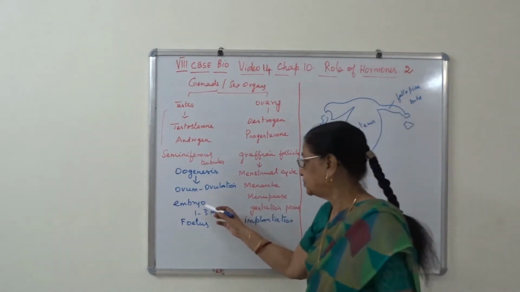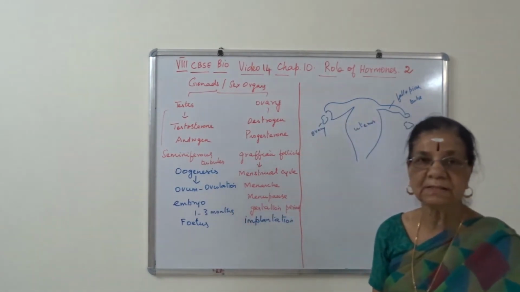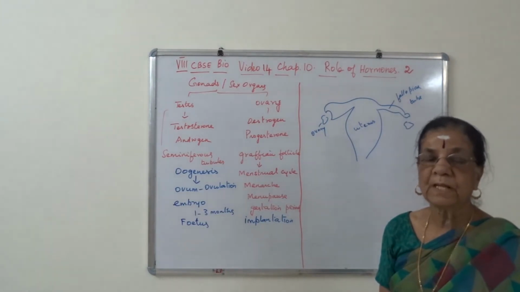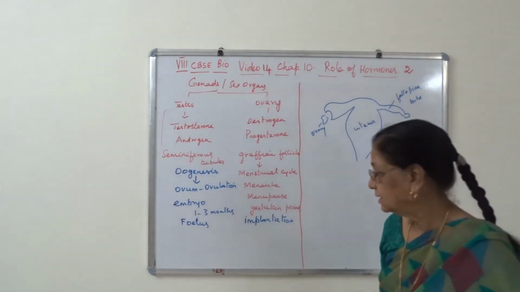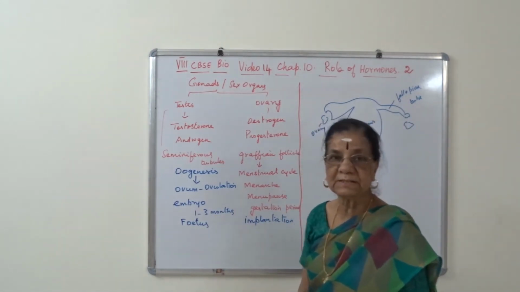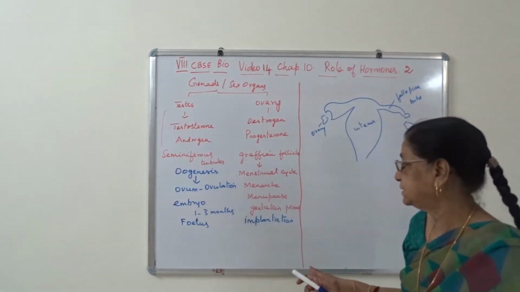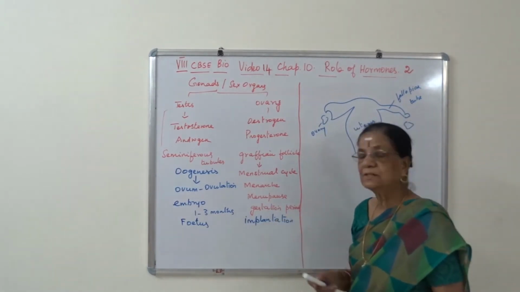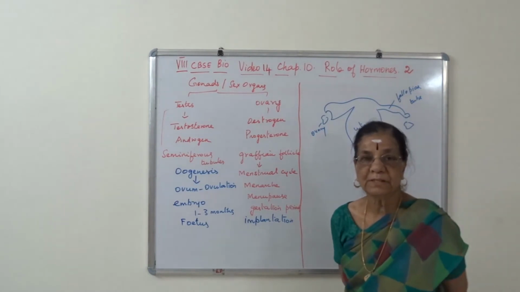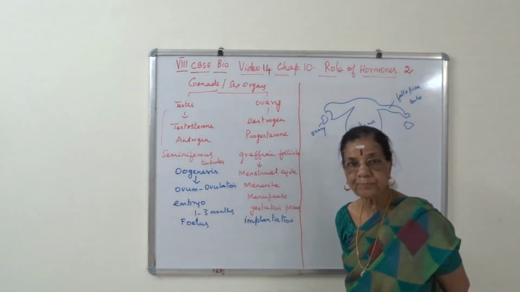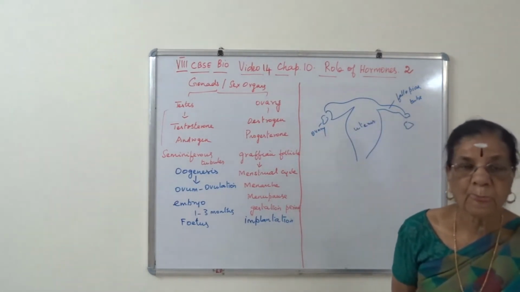That is up to 1 to 3 months, it is called embryo. Further development is known as fetus. And that fetus development is called gestation period. I hope I am clear.